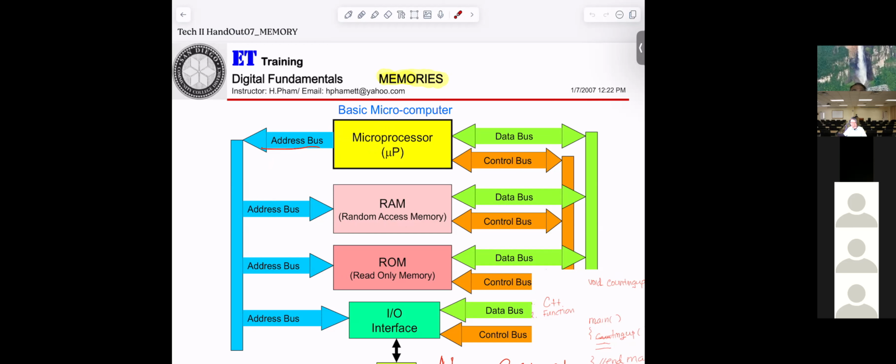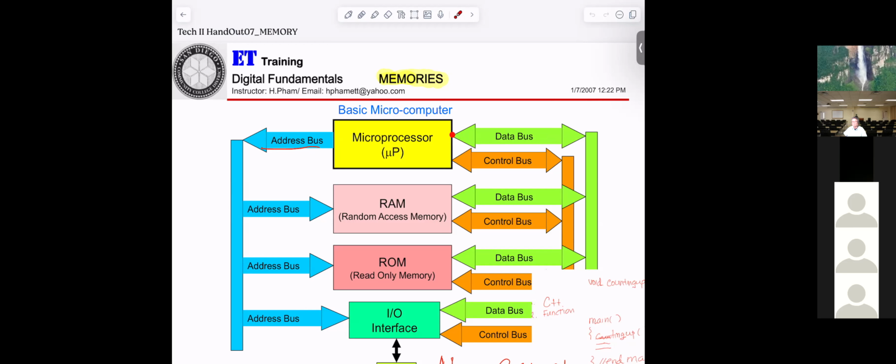Okay, so you can select either one. So you see the arrow, they're just coming out and coming in here. Okay, and the data bus, you say bidirectional. That means data can come out or data can come in.